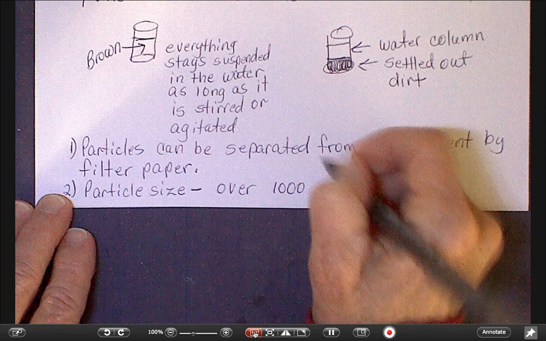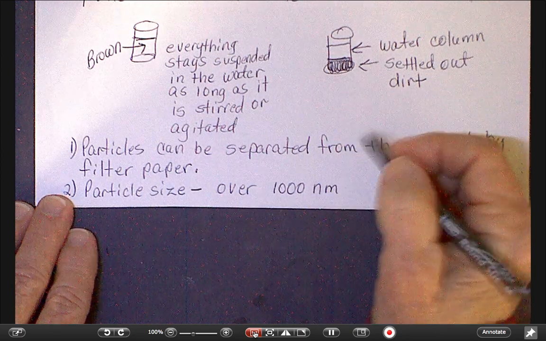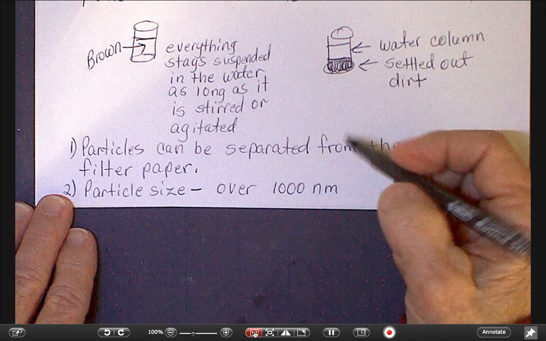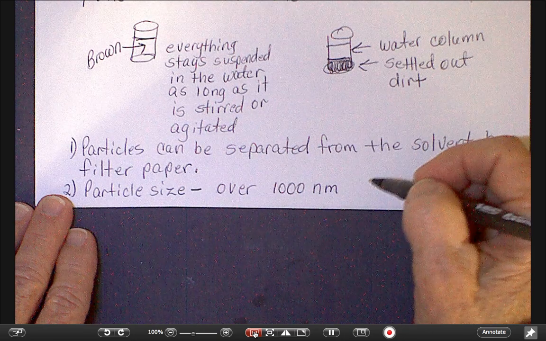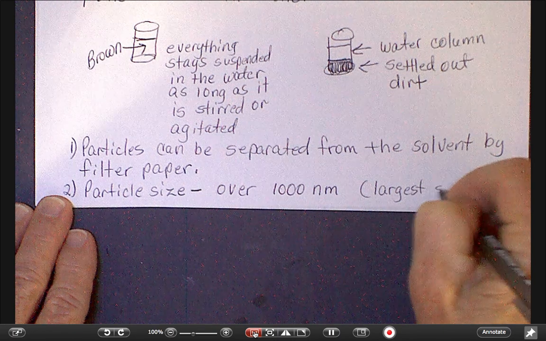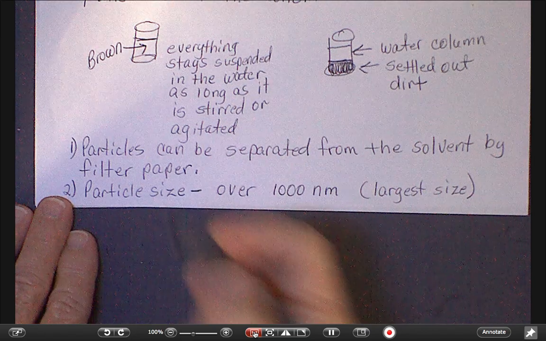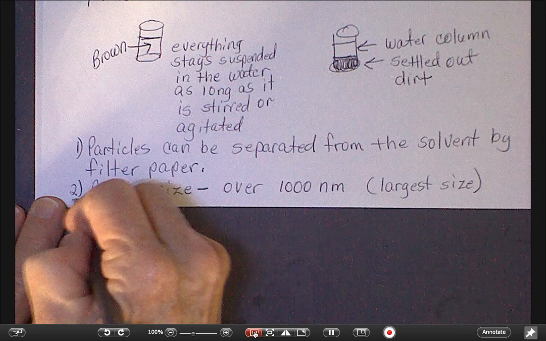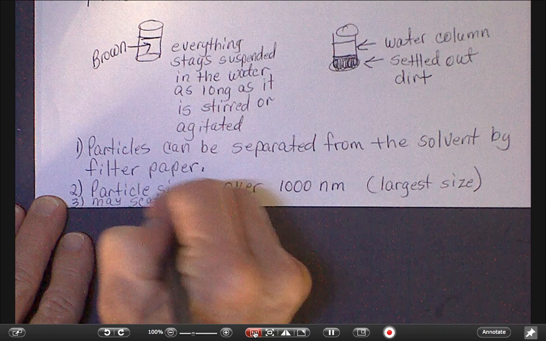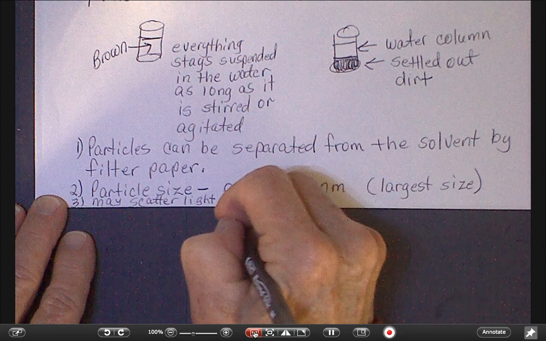Now again, all of these are determined on particle size. Over 1,000 nanometers. Okay, suspensions are the largest. Solutions are the smallest particle size. Suspensions are the largest. And the third one may scatter light, but are not transparent.